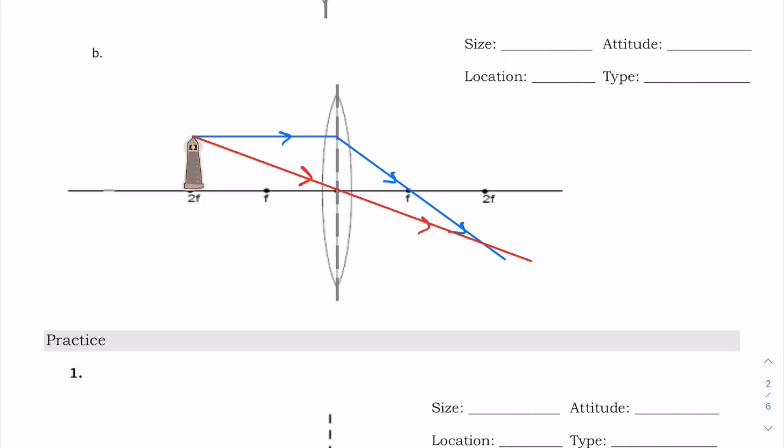And the third one that I'll draw passes through the secondary focal point and comes out parallel. And if you've done this properly and used a ruler, all of the light rays should converge at one point at approximately this location.